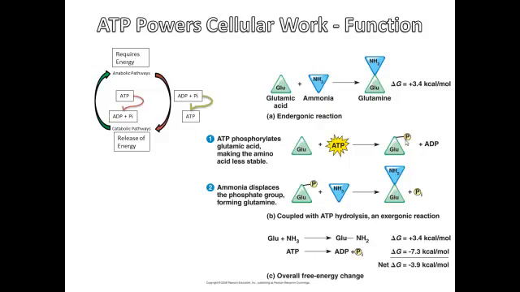Energy goes with the phosphate group. Then we break the bond between the glutamic acid and the phosphate group, releasing more energy. The cell uses this energy to put the ammonia on the glutamic acid in place of the phosphate group, forming the glutamine. The phosphate group can be placed back on ADP, but it will take energy from an exergonic reaction to do so.